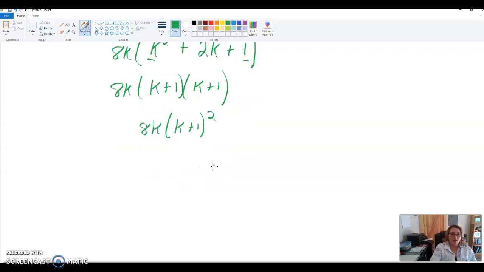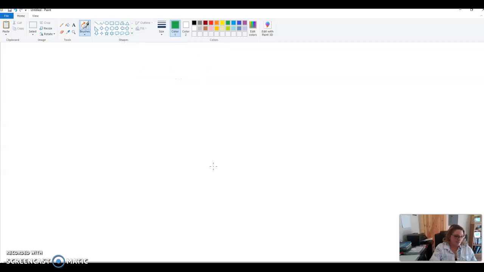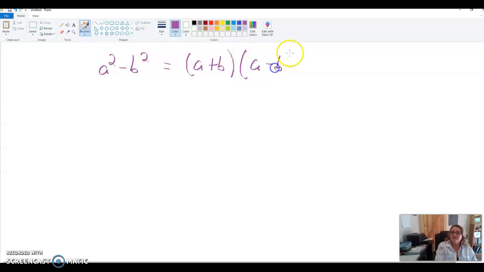Another special case is when we have the difference of two squares. So if I have the difference of two squares, that is going to be where we have a squared minus b squared. I do not have a middle term. So that means I have a plus b times a minus b.